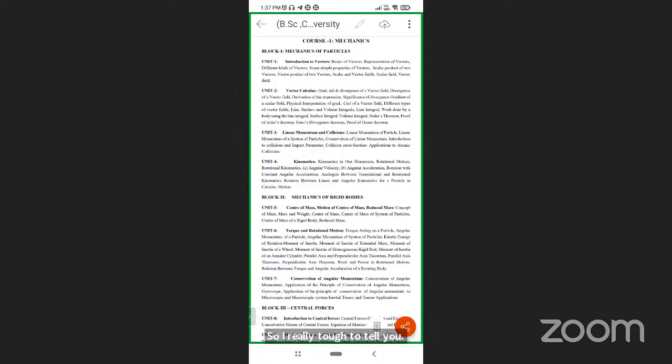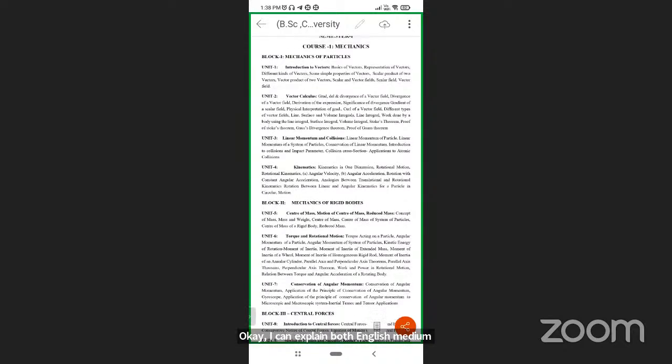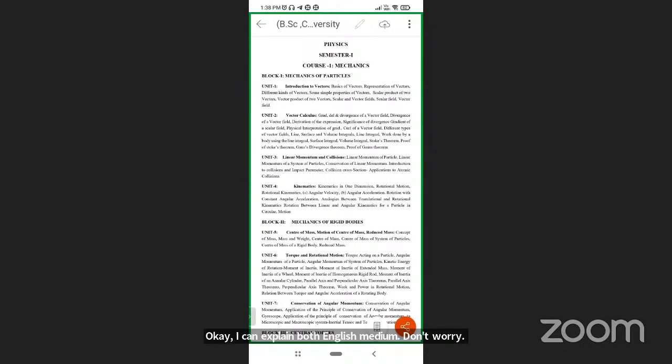We don't know Telugu, we only know English or another language, like Hindi. Okay, no problem. I can explain in both English and Telugu. Both are mediums, don't worry. The subject is main, so the other words are nothing.